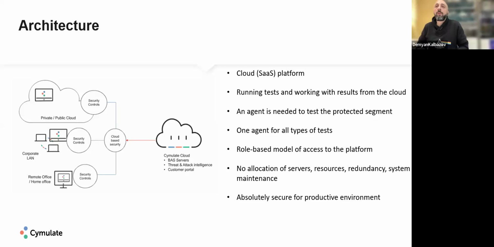To perform most of the tests, an agent needs to be installed on the workstation. This agent simulates the user activity, attempts to access forbidden resources on the internet, receives emails, and simulates malicious activities on the workstation.